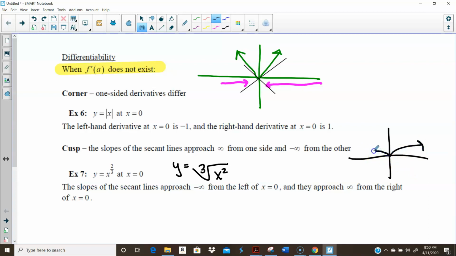and like this. We call this area in the middle a cusp. We can't differentiate because of the same reason as before: I can draw a line going that way, I can draw a line this way, and so because of that, I can't differentiate.